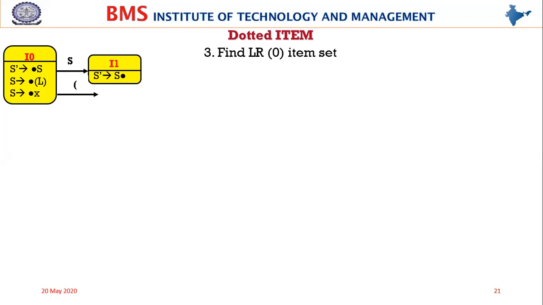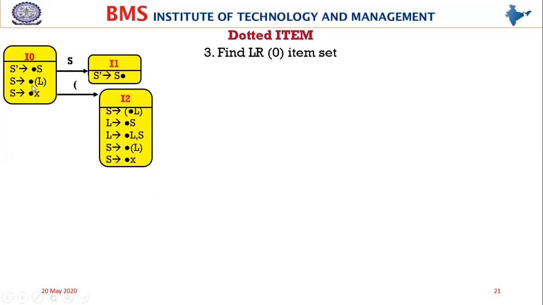Now observe the thing, we are reaching a new state called I2, wherein if I move the dot for the second production by consuming open parenthesis, we will reach this: S produces open parenthesis dot L close parenthesis. As there is a dot in front of L, I should include all L productions. What are the L productions?